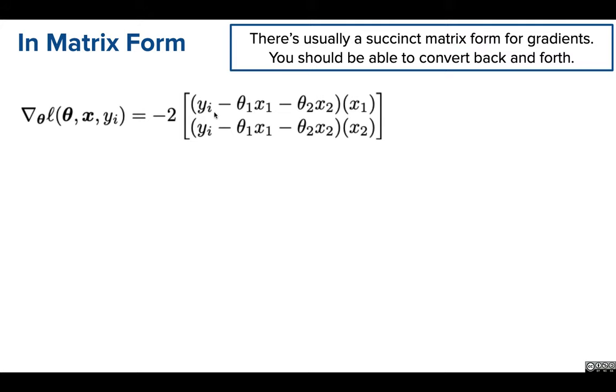And I notice that y sub i minus a dot product is a scalar. It's not a vector. This term right here is not a vector. It's a single number, because y sub i is a single number. It's a single training point of my data. And the dot product of two vectors is also a scalar.